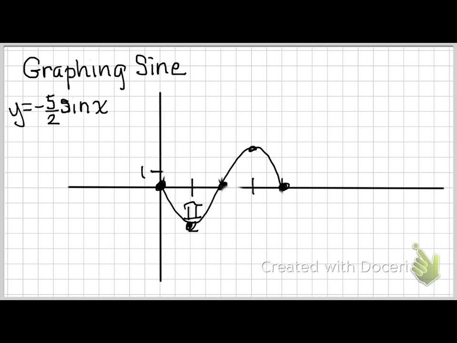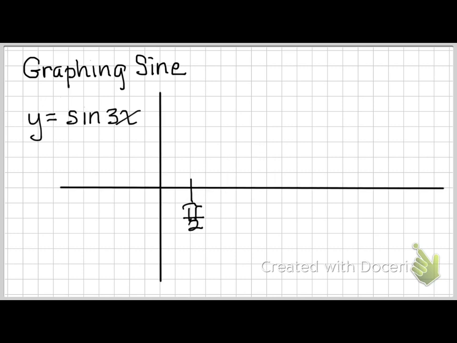All right, the second variation that I want to look at is a little bit more complicated. So this one's going to be quite a bit more challenging. When I had the number in front, that was just giving us some sort of change in the vertical direction, a vertical stretch, or could be a vertical shrink. In this case, when this number's changing, it's going to affect the graph horizontally.